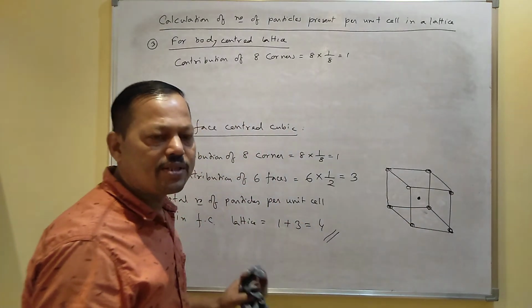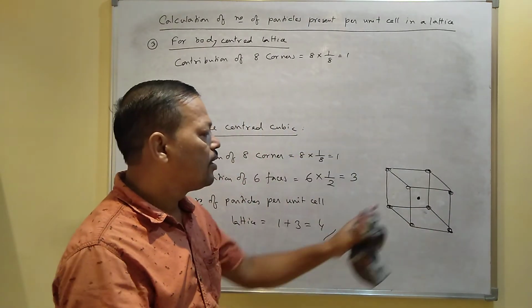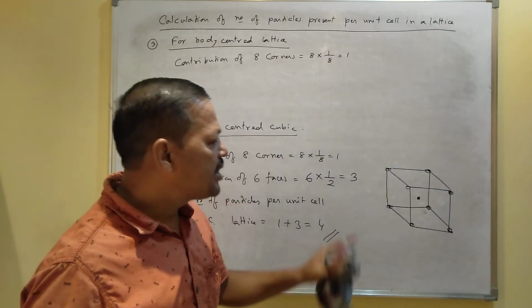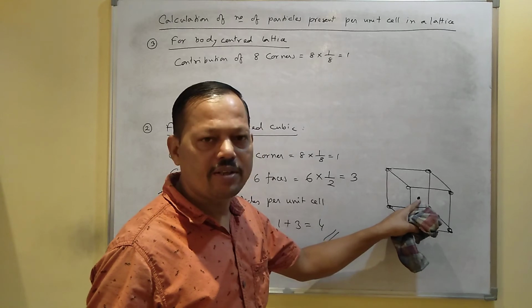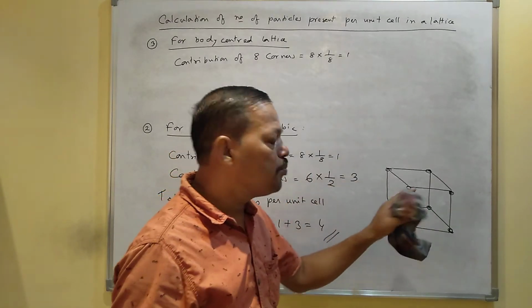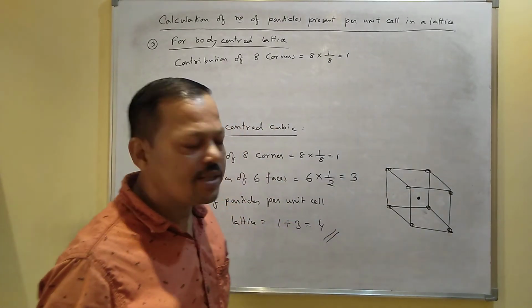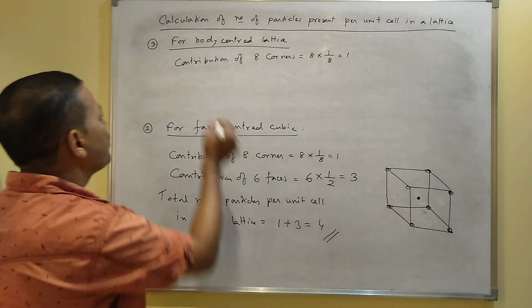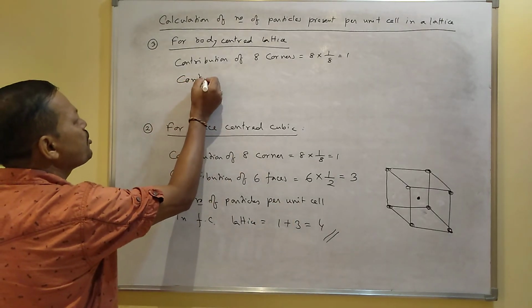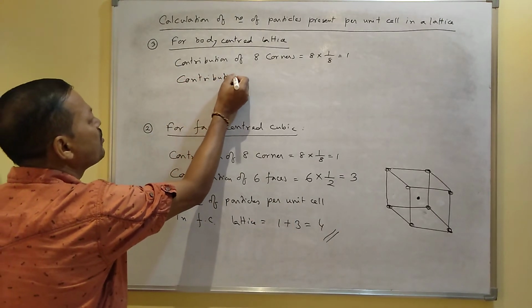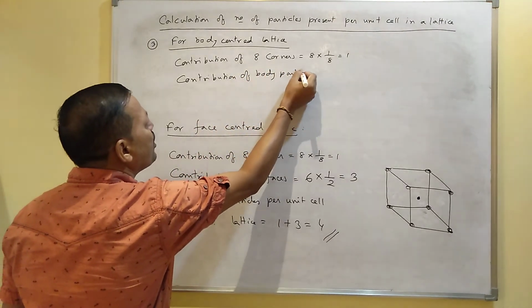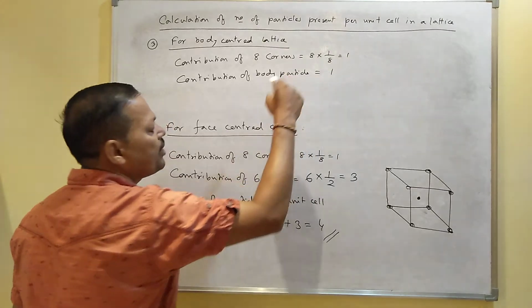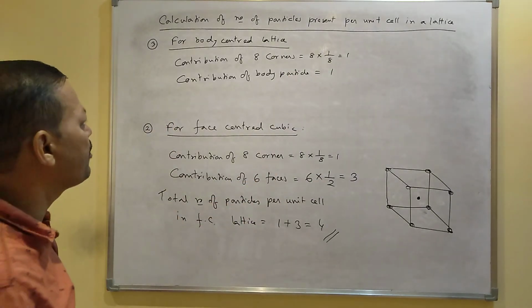The center of the cube means it is present inside the cube. Since it is present inside the cube, no other cube can touch this particle, because it is present inside the body, and that is why it is called the body center particle. So the contribution of the body particle is totally 1, because this particle cannot be shared by another unit cell.